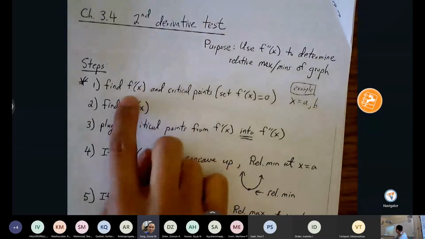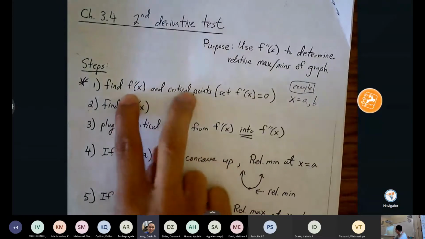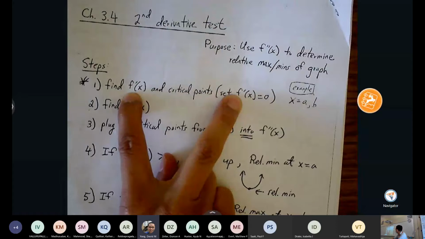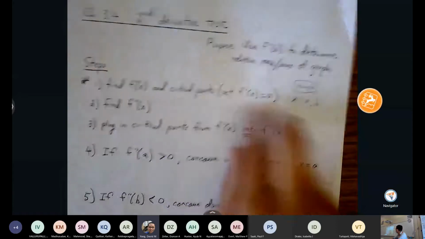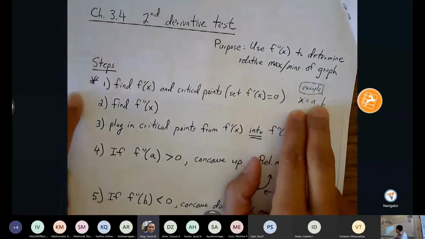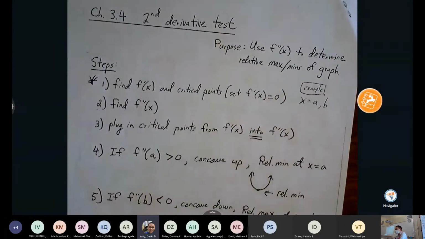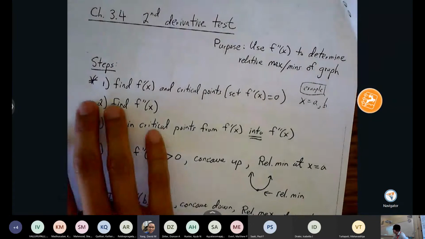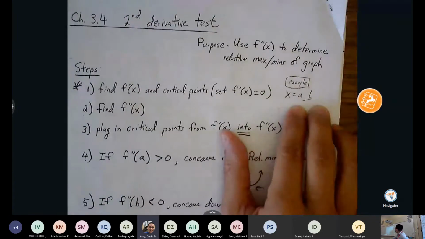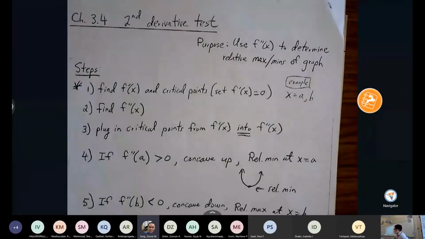So the steps that we take, we're still going to find f prime, we're still going to set it to 0, we're still going to find critical points. So your initial step is going to feel like the first derivative test. Okay, you're still gathering the same information that you are gathering from the first derivative test. But rather than creating a sign line, we're going to go through a different path.